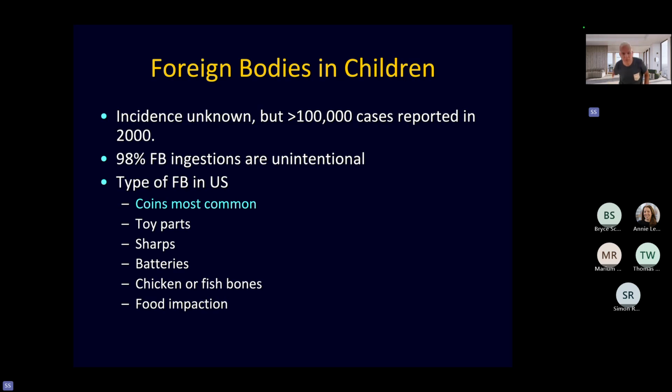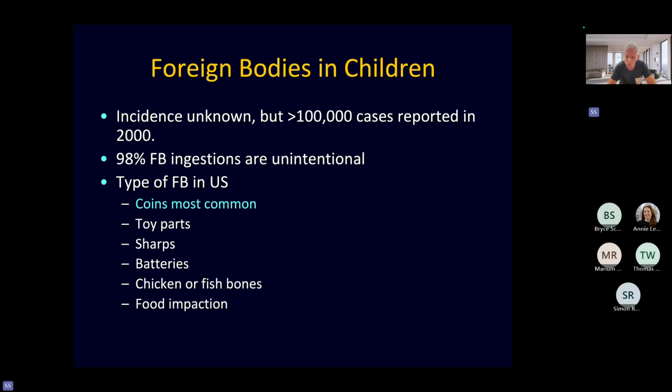So the types of foreign body in the US, if we go from most common to least common, coins would be the most common, then toy parts, sharps, batteries, chicken or fish bones, food impaction. Chicken or fish bones are interesting.